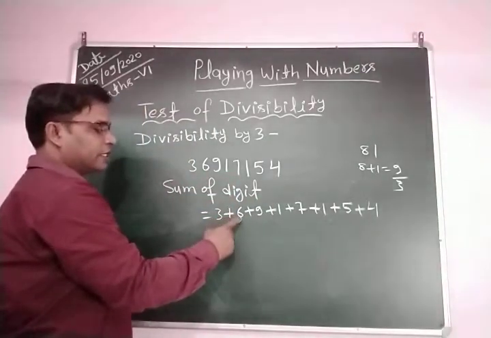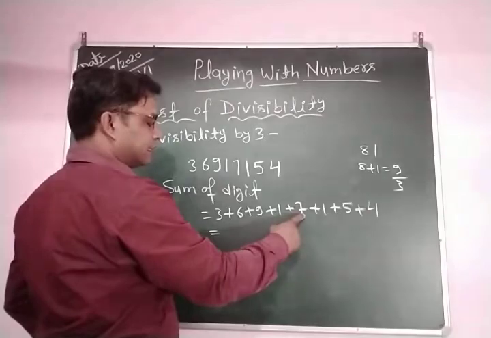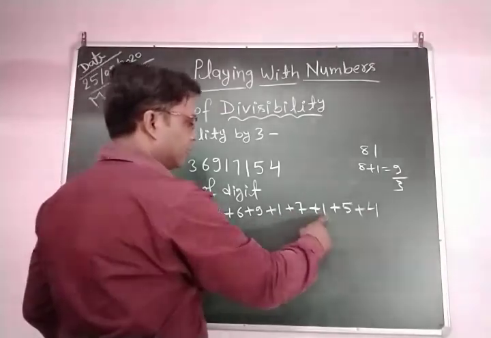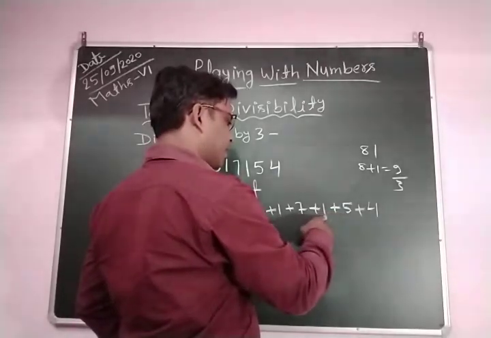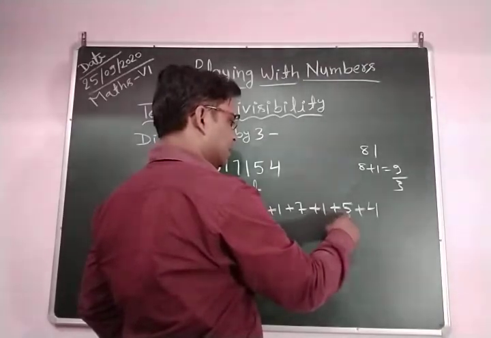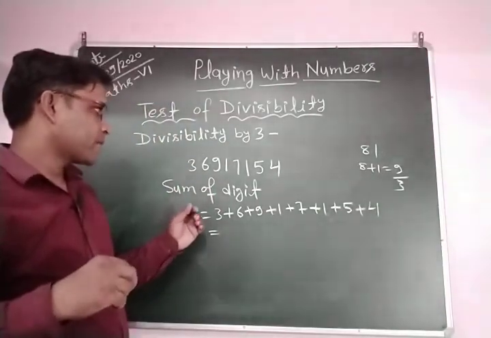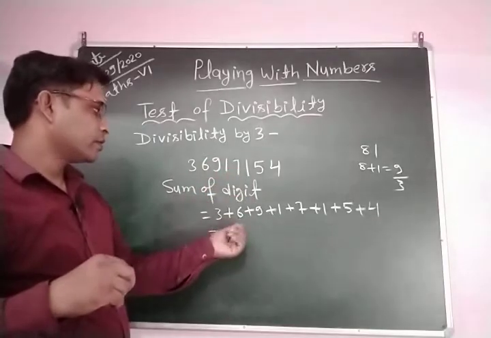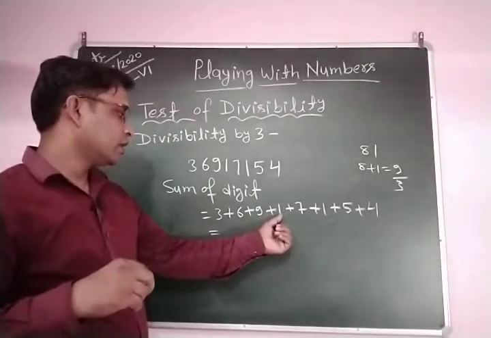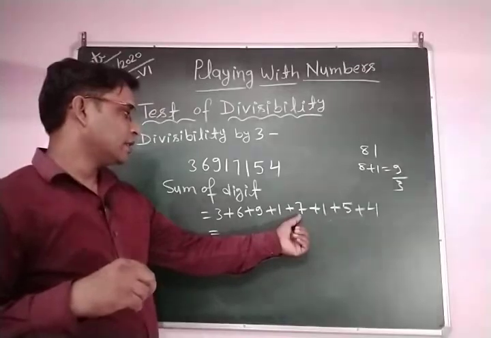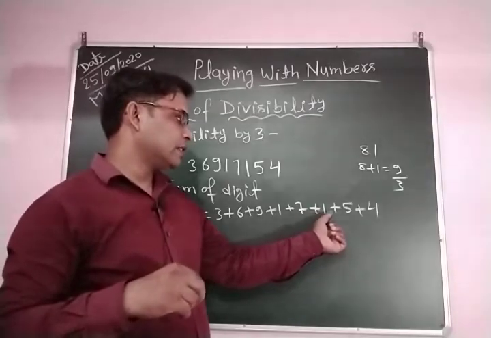3 plus 6 is 9. 9 plus 9 is 18. 18 plus 1 is 19. 19 plus 7 is 26, plus 1 is 27.